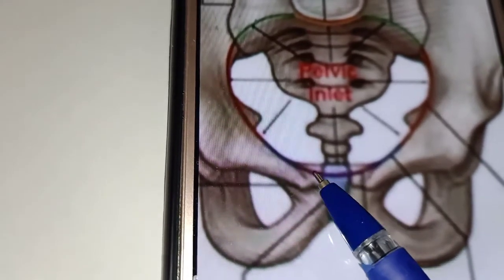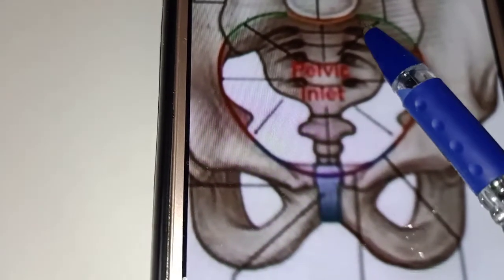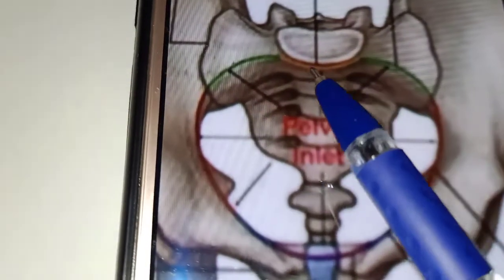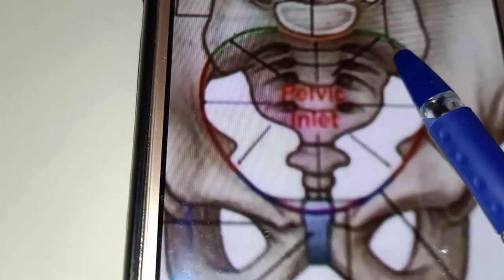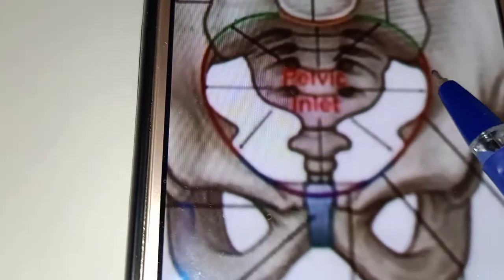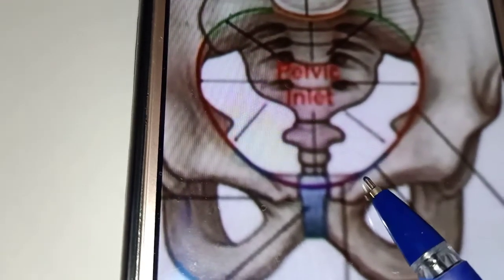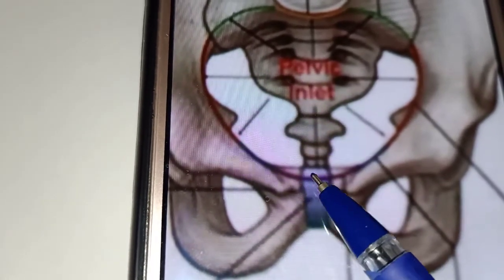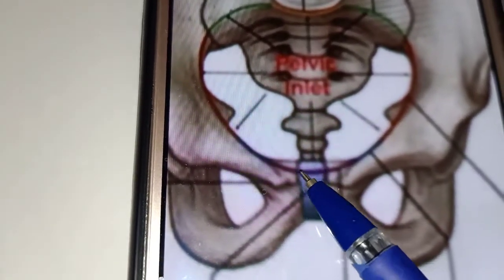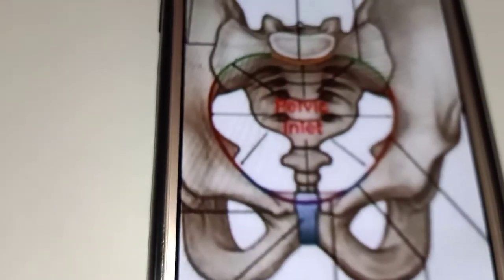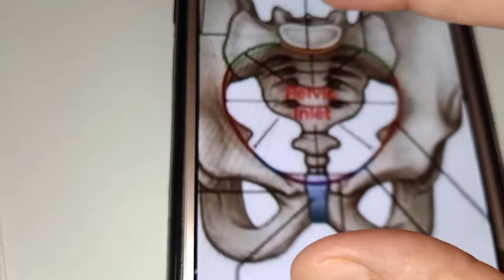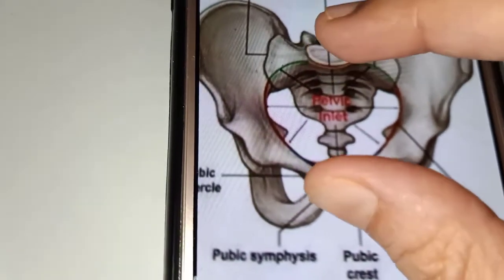And the upper surface of the pubic symphysis, on both sides. This forms the pelvic inlet. So, these are the boundaries of the pelvic inlet.